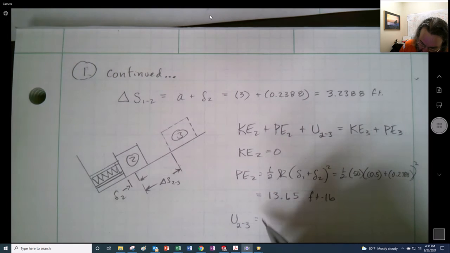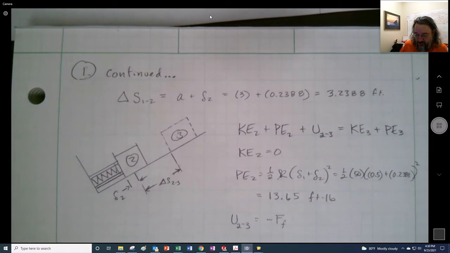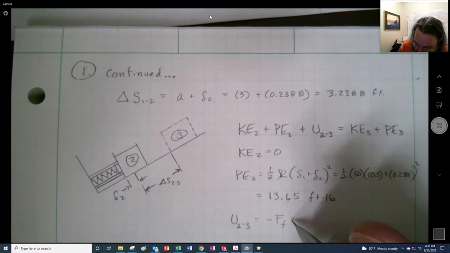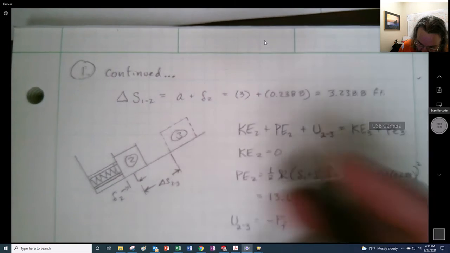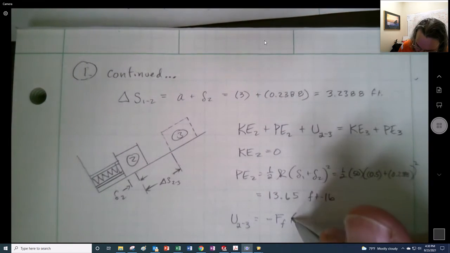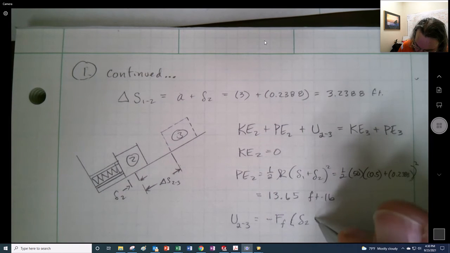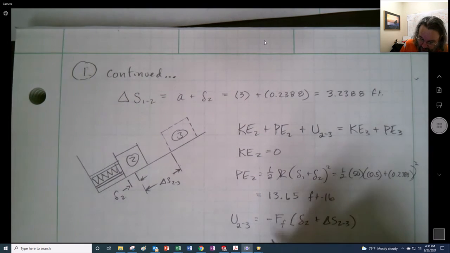So I'm going to say that it's going to go negative friction, right? So it's still going in the opposite direction. So the normal force hasn't changed, so the friction force is still going to be the same. And let's see, I'm trying to think of the friction on the distance right there is going to be del 2 plus delta 2 to 3. That's the thing I'm trying to get.